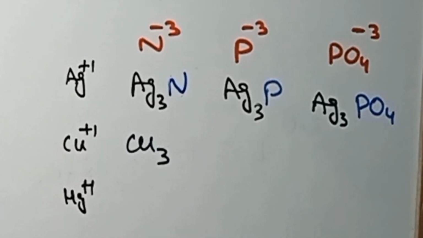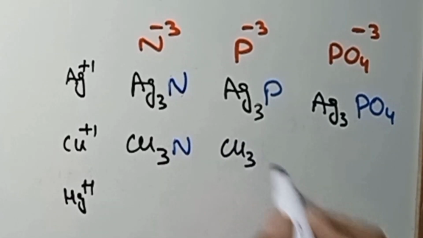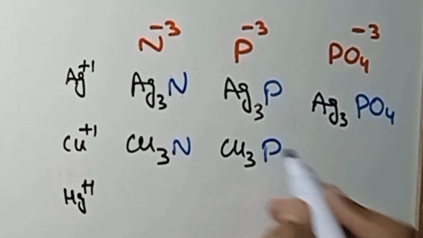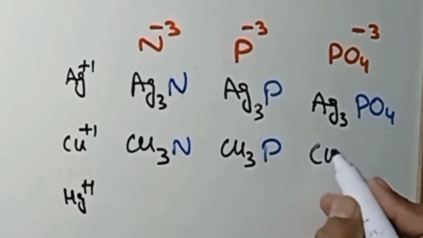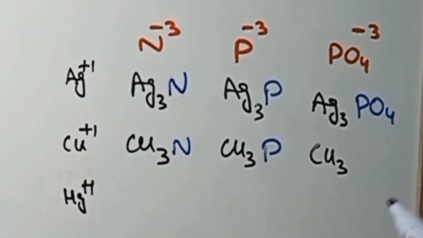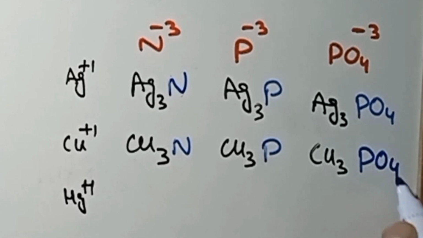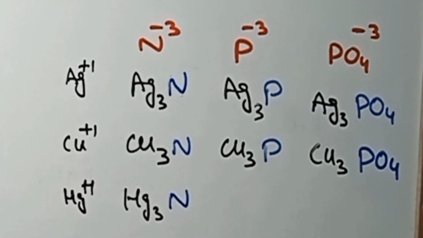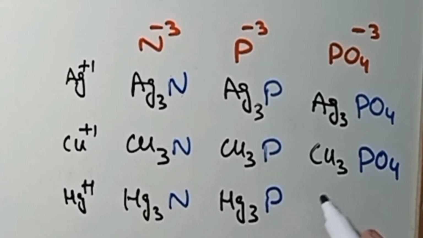Cuprous nitride, cuprous phosphide, cuprous phosphate. Mercurous nitride, mercurous phosphide, mercurous phosphate.